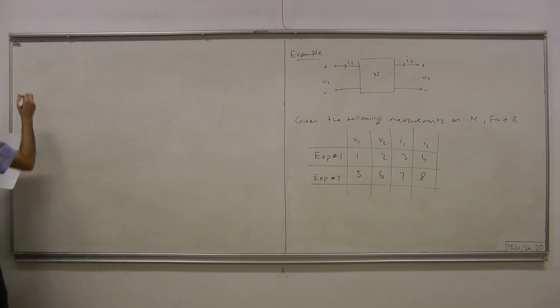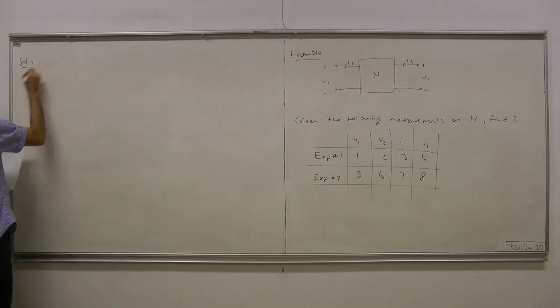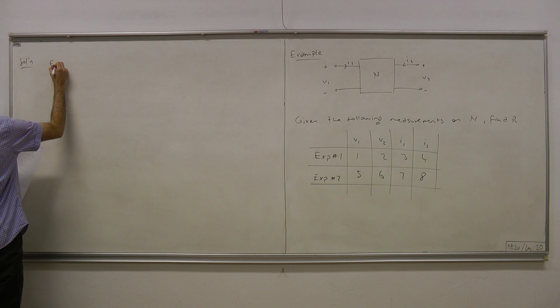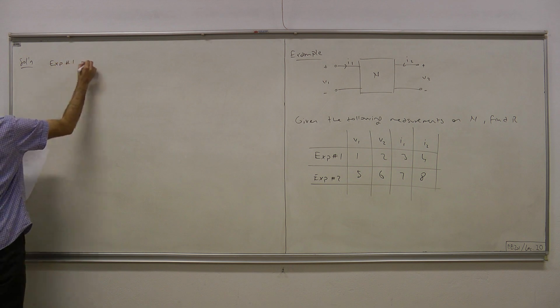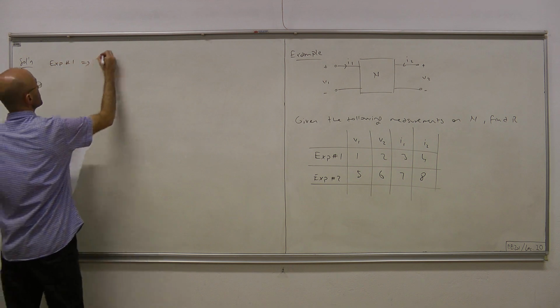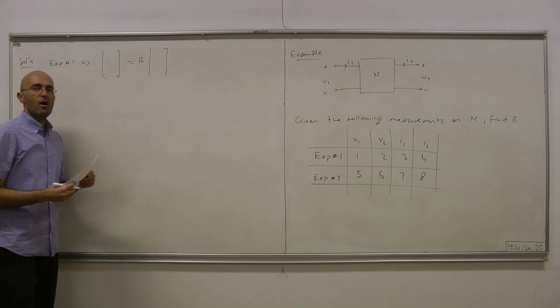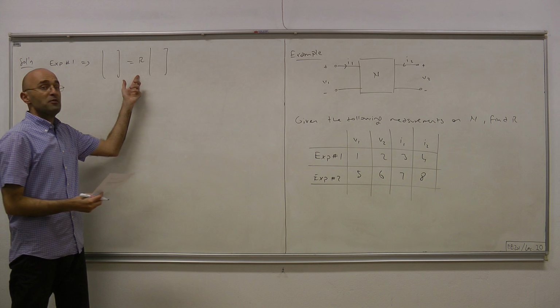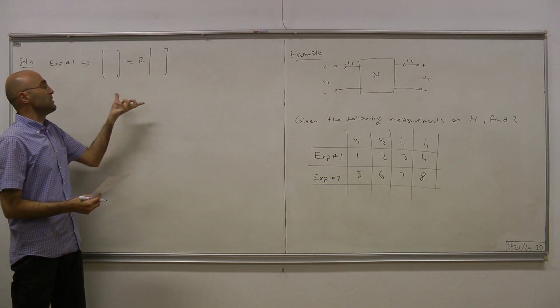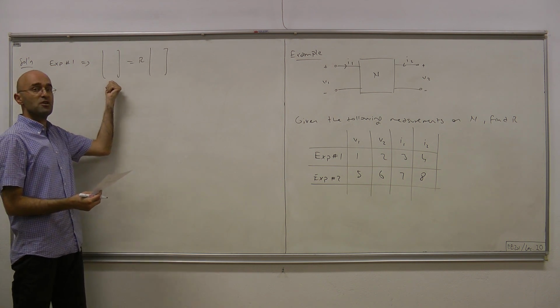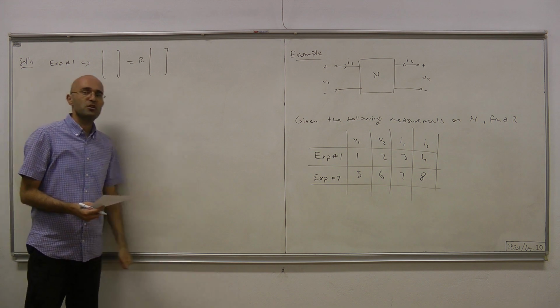Here is the solution. Experiment 1 implies that... Now, where does the resistance matrix appear? It appears in the equation where voltages are expressed in terms of currents.